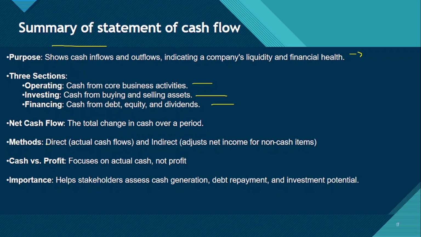Also, we discussed that we have two methods to prepare the statement of cash flow: the direct method and the indirect method. The cash flow statement focuses on actual cash movement, not the profit. So when preparing through the indirect method, we have to adjust the non-cash transactions with the net profit to calculate the cash flow from operating activities.